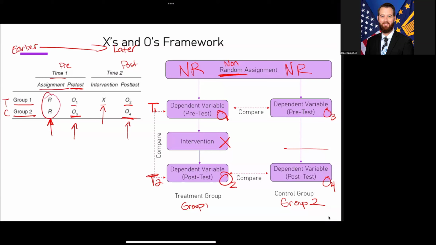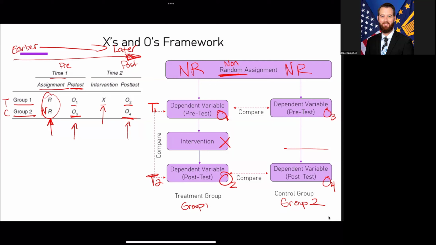We identify whether there is random or non-random assignment between those groups, and then we have a chronological indicator of the time period transitioning from earlier in time to later in time by more or less items, observations, so to speak, on the left or the right side.